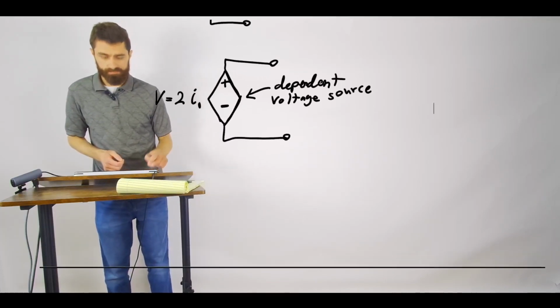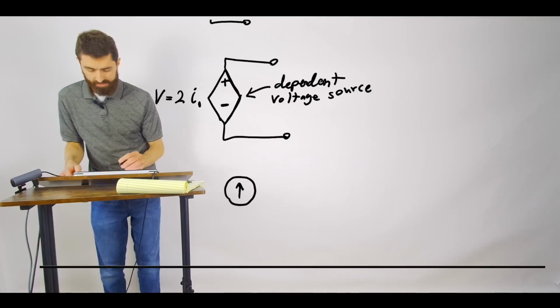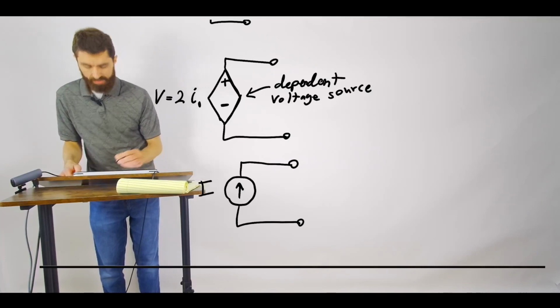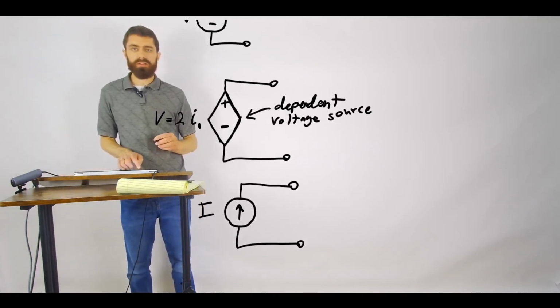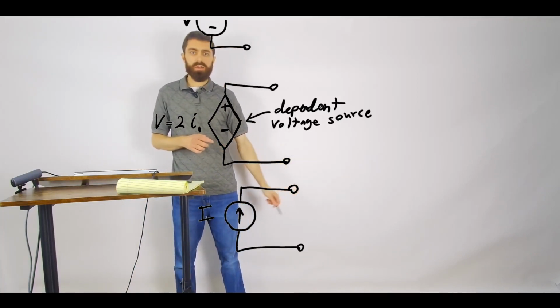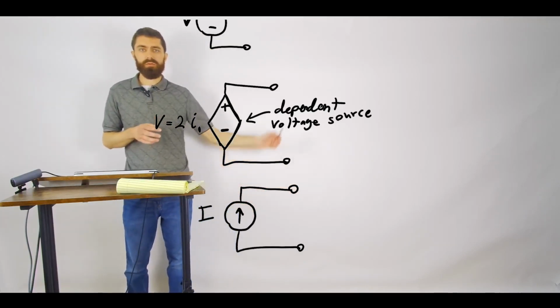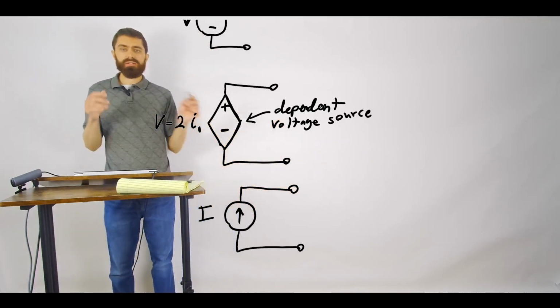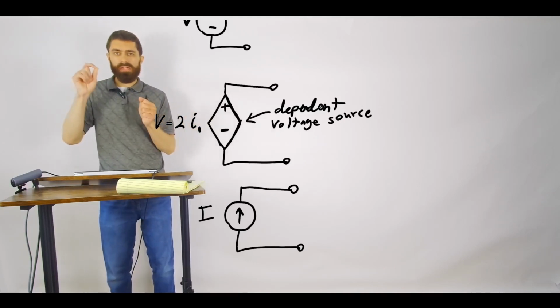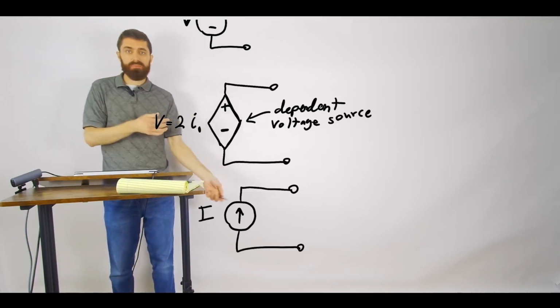So a current source, the symbol for that is this. And it's similar to a voltage source, but what it does is it will output a constant current no matter what's connected to it. So you could connect any resistor, and it will automatically produce the voltage that it needs in order to keep that current constant.